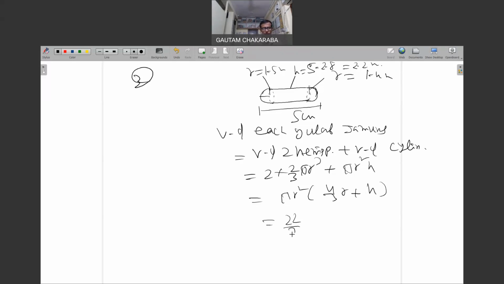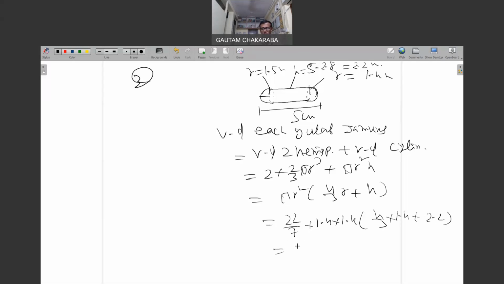So 22 by 7 into r, r is 1.4 into 1.4, 4 by 3 into 1.4, height is 2.2.